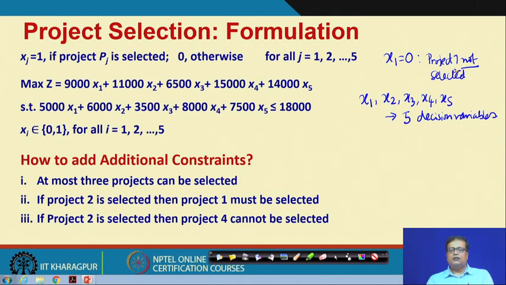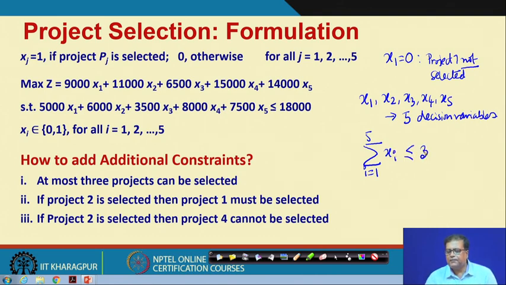If I add all the 5 xi's, then what should I get? Not more than 3 of them should be 1, is it not? That is the maximum. It cannot be 4 or 5.